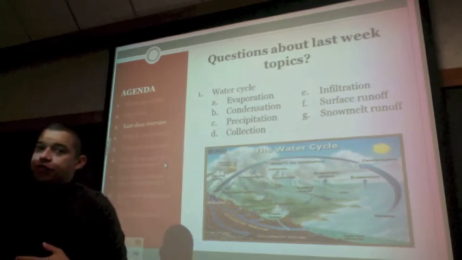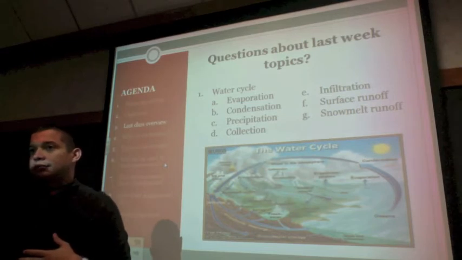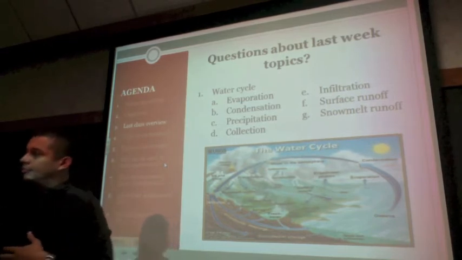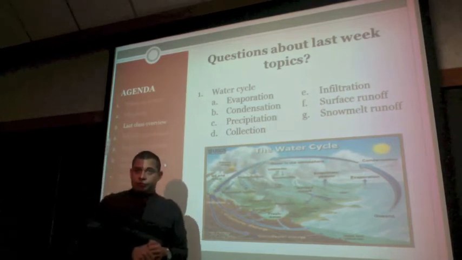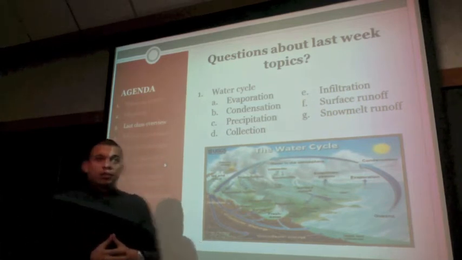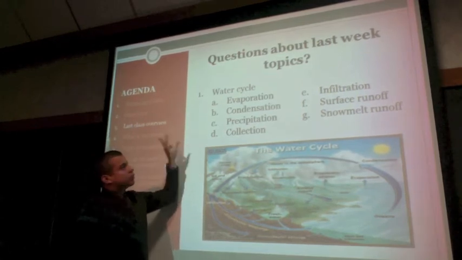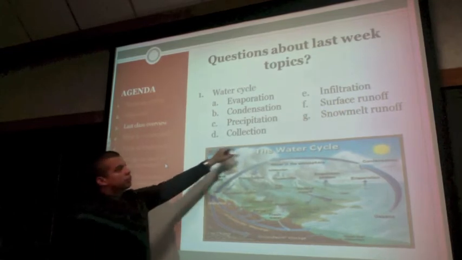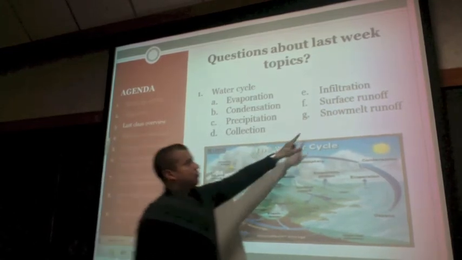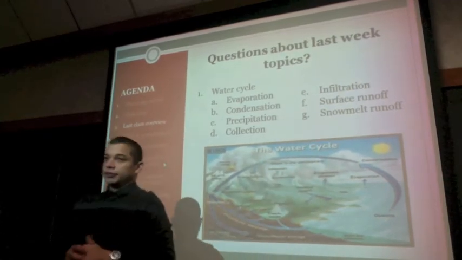Are there any questions about last week's topics so far? No? All right. In the last class we were viewing the water cycle and its processes. These are the processes: evaporation, condensation, precipitation, collection, infiltration, surface runoff, and snowmelt runoff.